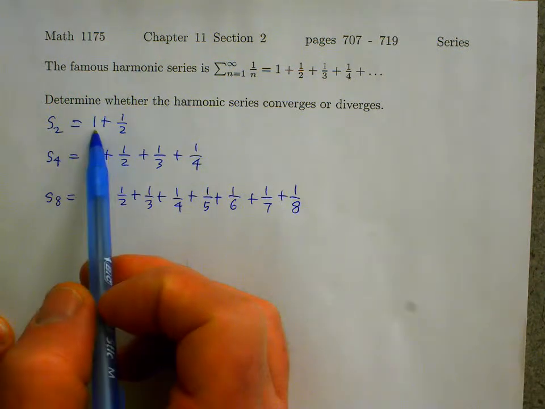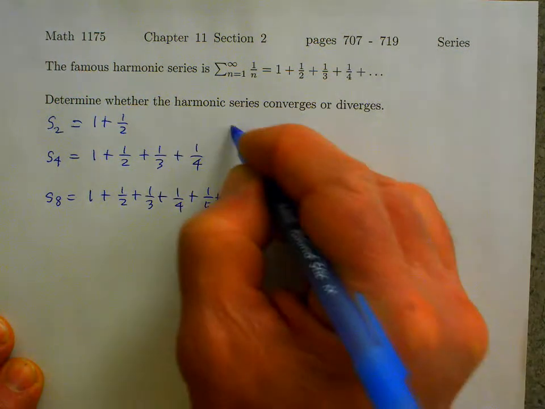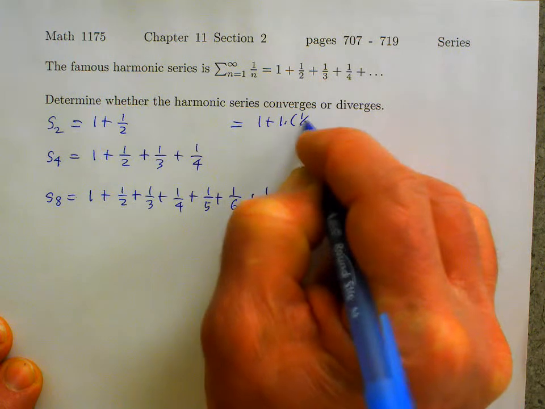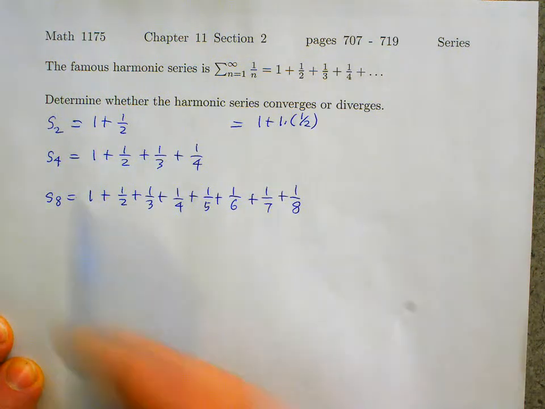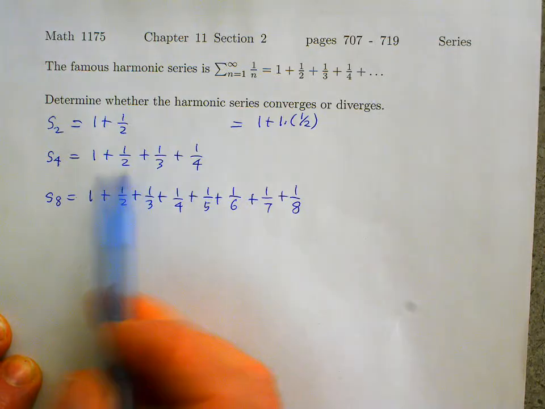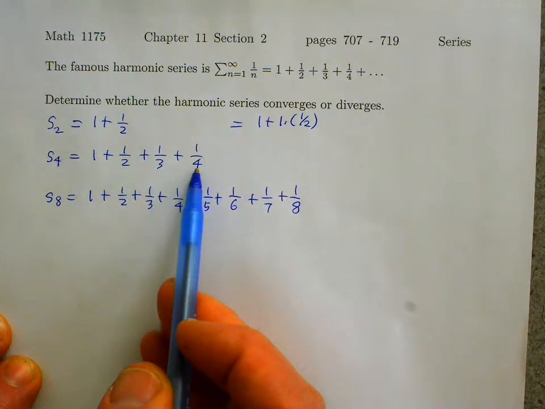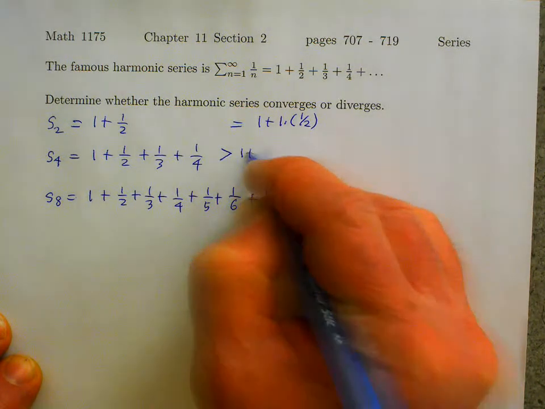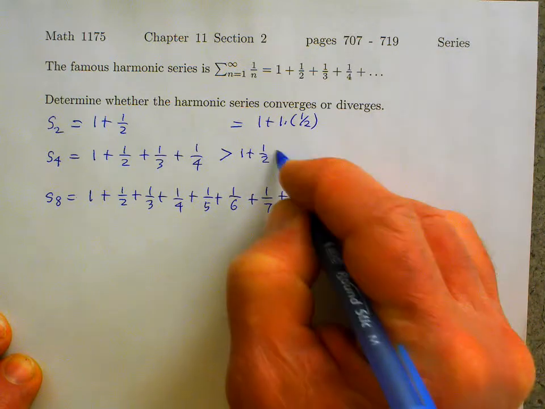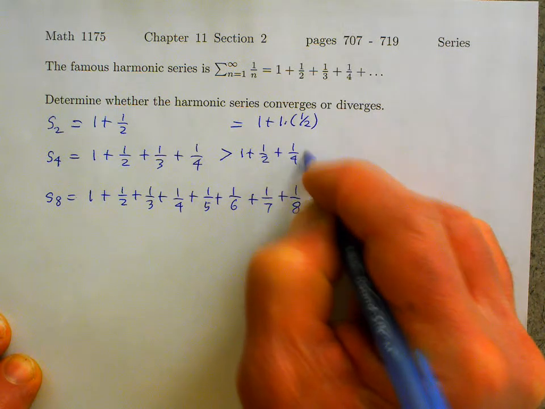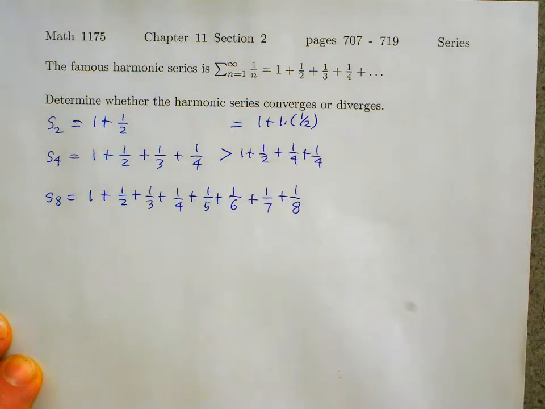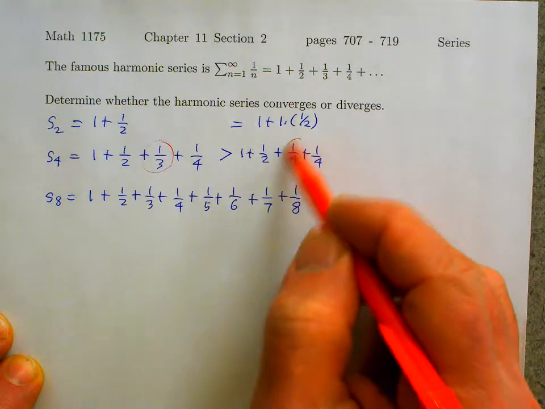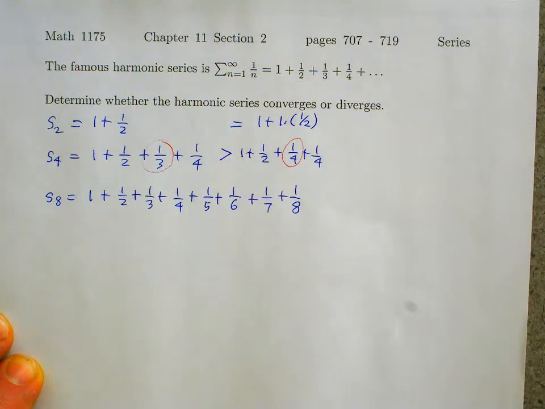S sub 2 is 1 plus 1 times 1/2. Notice that S sub 4, 1 plus 1/2 plus 1/3 plus 1/4, is greater than 1 plus 1/2 plus 1/4 plus 1/4. All I did was, instead of writing plus 1/3, I wrote 1/4 in its place.